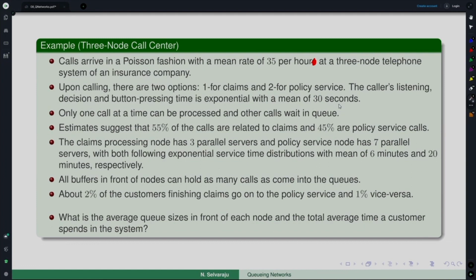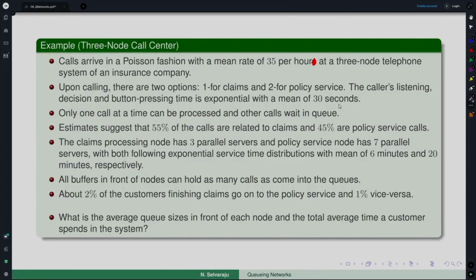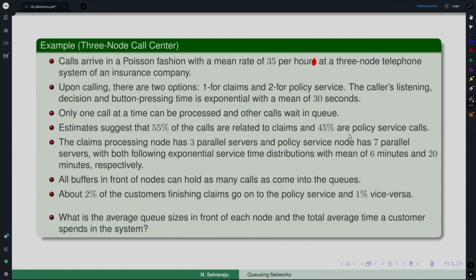The data suggests that out of the calls that arrive at this call center, 55% are related to claims made to the insurance company, and 45% are with regard to policy service, like adding certain things to the policy details, or some inquiry or requirement.